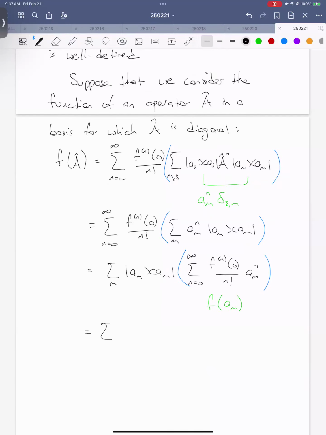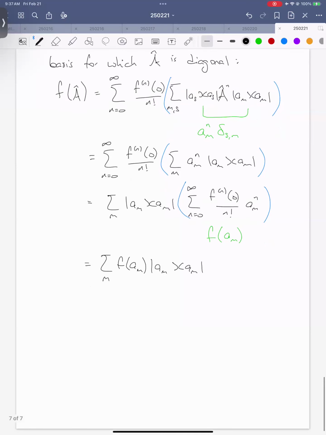And so we find that our function of our operator is just the sum over the outer product of our basis, and then the function evaluated at the eigenvalues of the basis.